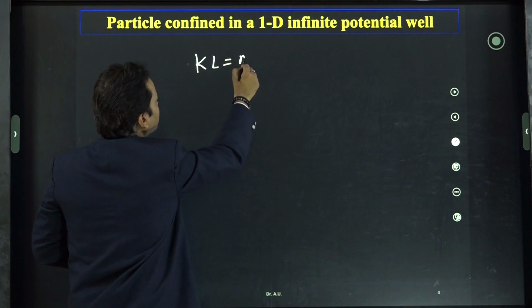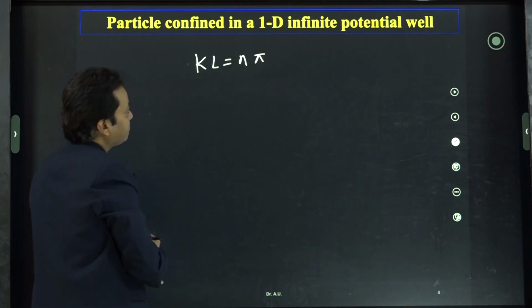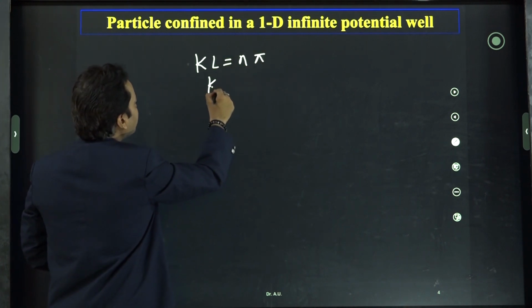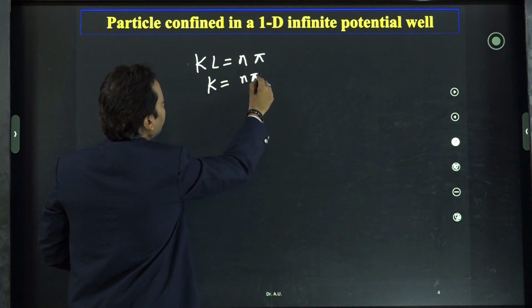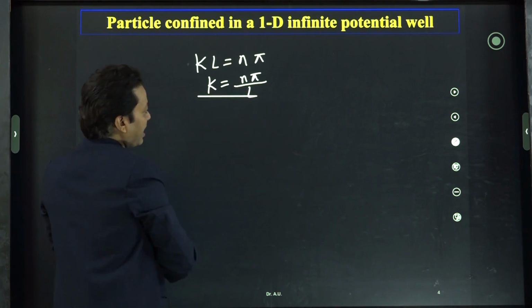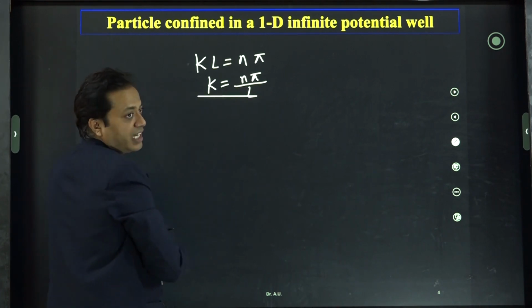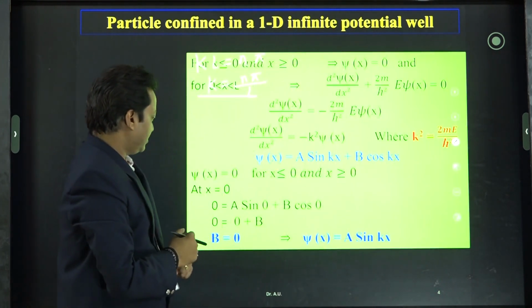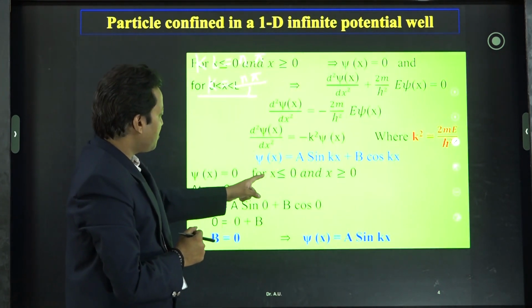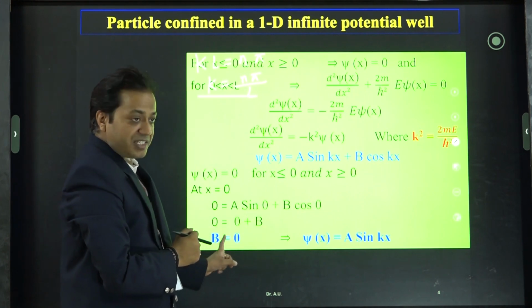L is equal to n pi. It means k is equal to n pi by L. If you see here, we have got b is equal to 0.